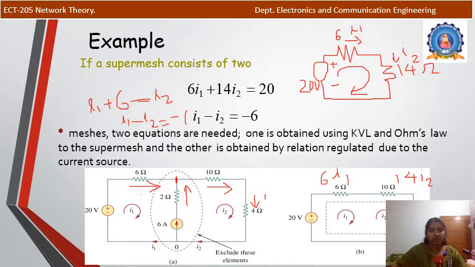So we get two equations, 6I1 plus 14I2 equal to 20 and I1 minus I2 equal to minus 6. From this we can find I1 and I2, to do as an exercise.